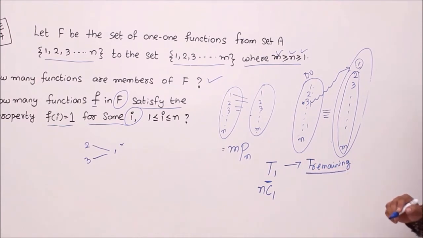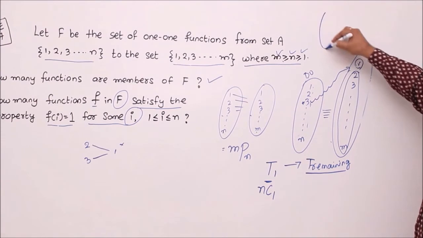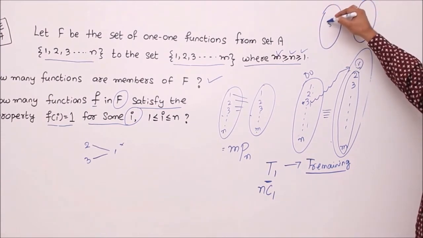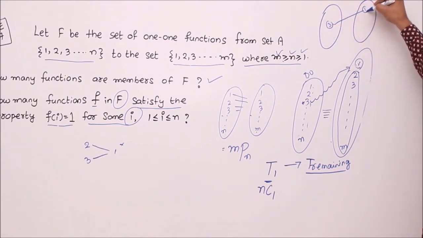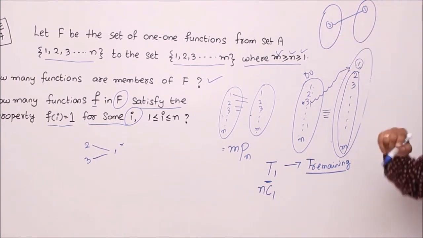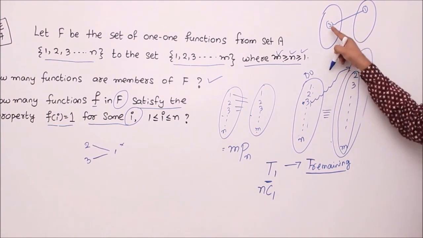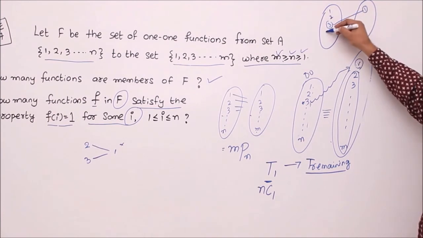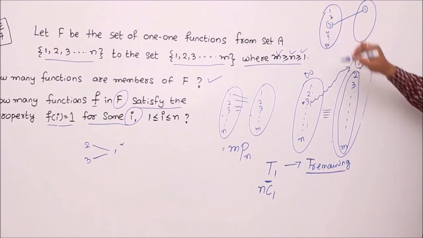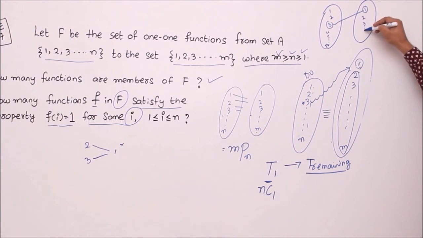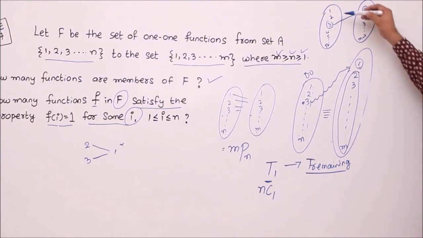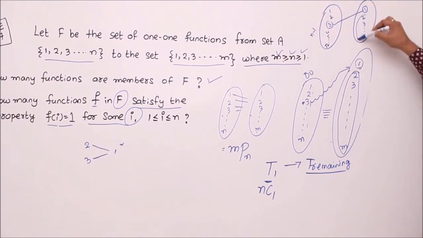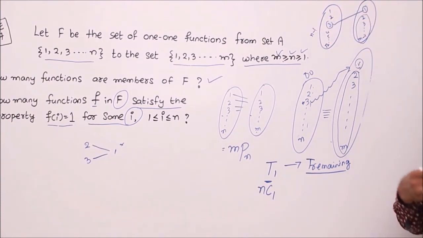So what is the remaining job? I can show the remaining job here. Example, let's say 3 is mapped to 1, in one instance. It may not be true every time. Assume that some element is already mapped to 1. Then how many other elements do you have, like 1, 2, 4, 5 up to n, isn't it? Here you have 2, 3, so on, m minus 1. Now we have to take all these n minus 1 elements and map them to these m minus 1 elements in a one-to-one way.